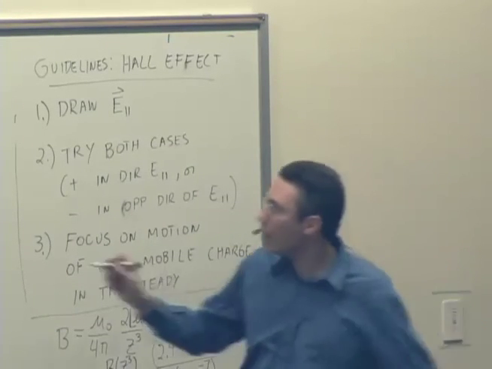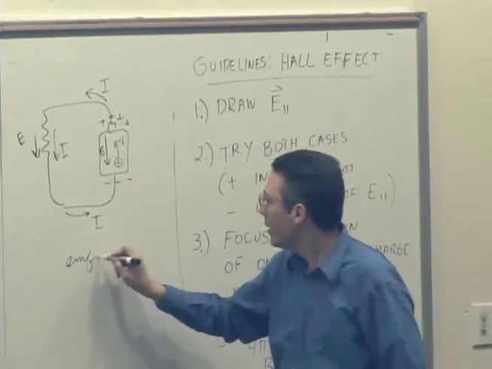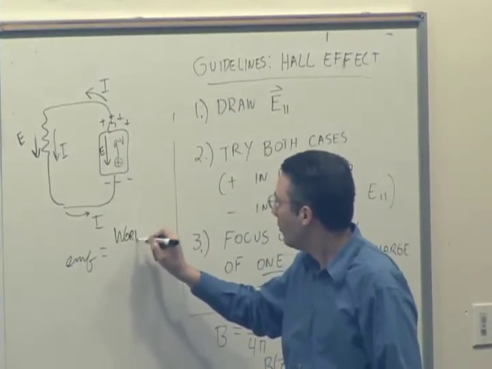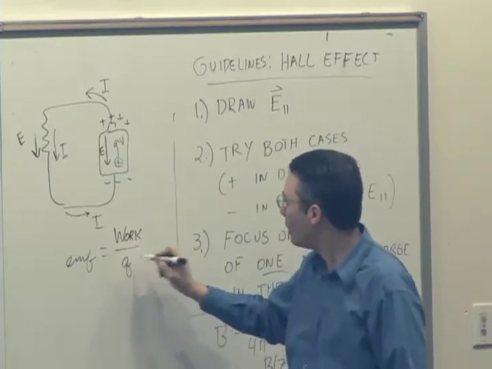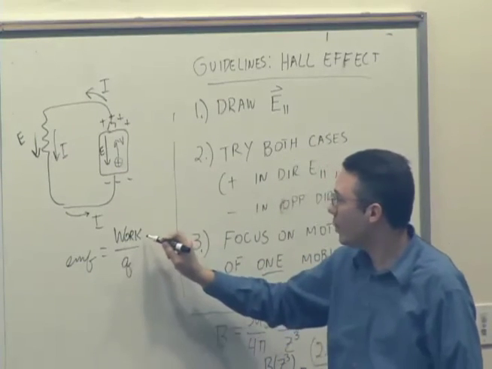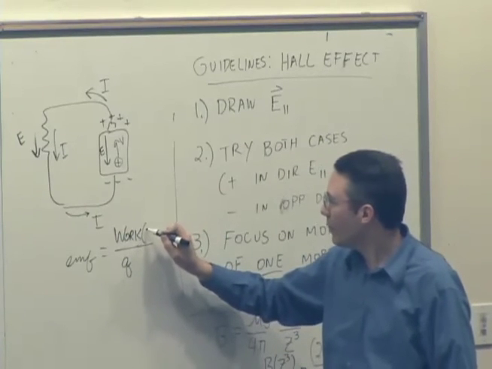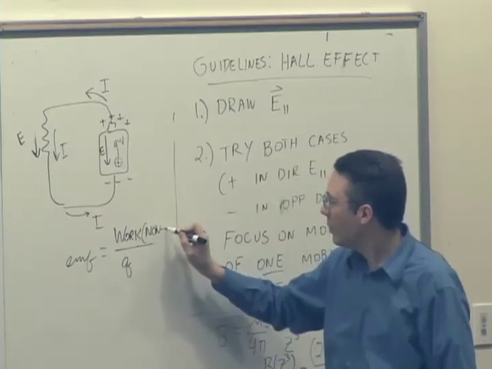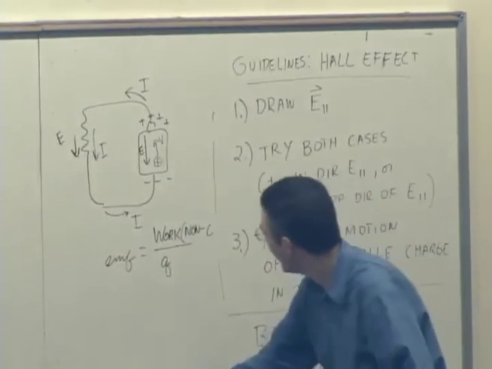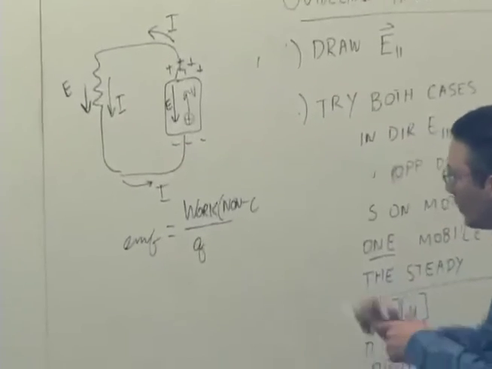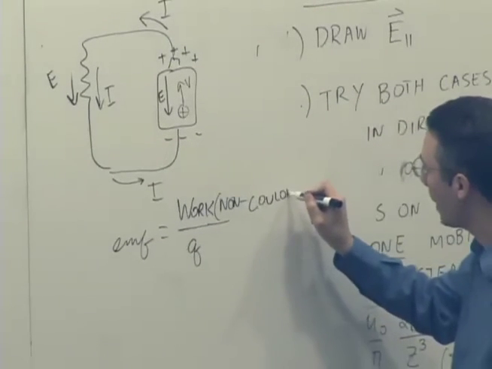Okay, that's the EMF, right? The EMF is the work done per unit charge by something. Work by the, what do we call that, interaction? Anybody remember? Let me erase some of this. A non-Coulomb force, right, times the distance per unit charge.